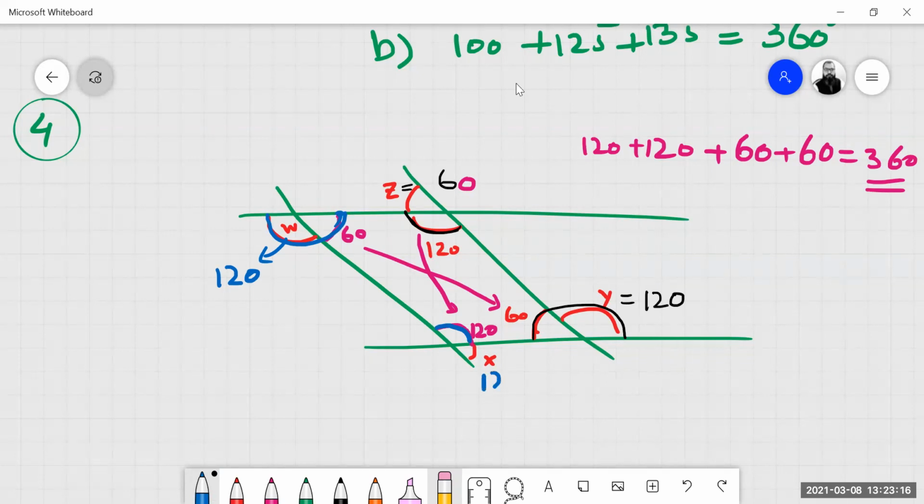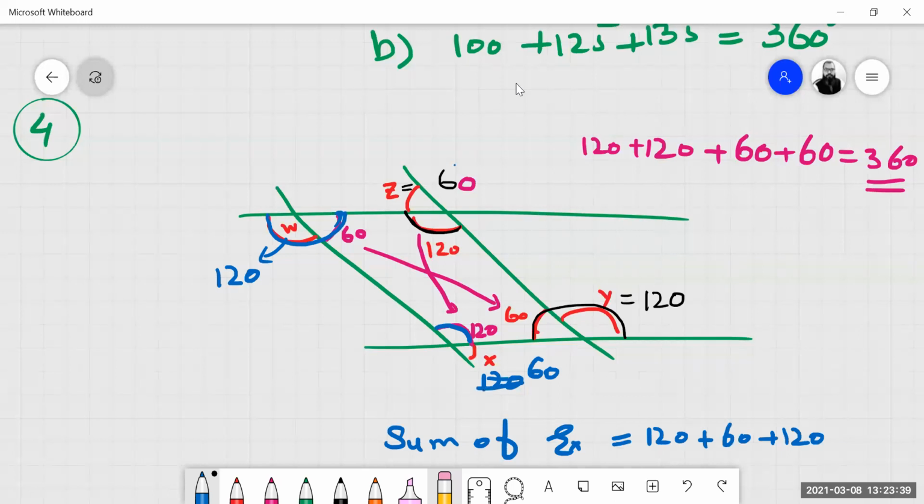120. Now the sum of exterior angles will be 120, 120, 60, 120, and this is not 120, this is 60.